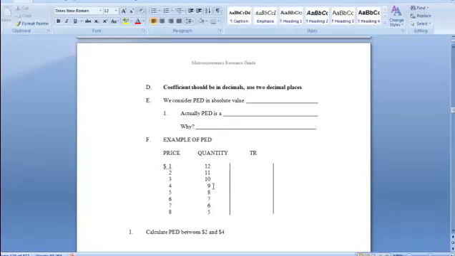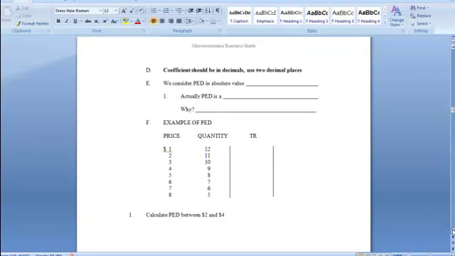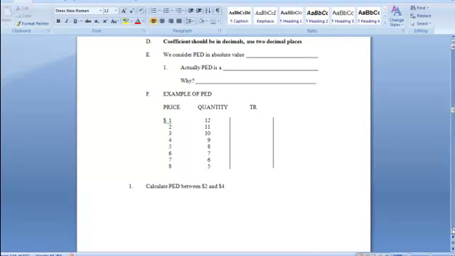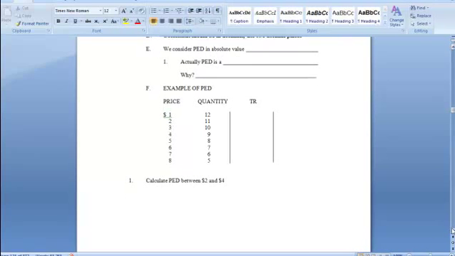They both rose. Okay, then let's talk about the relationship between $6 and $8. You did a calculation of price elasticity of demand between $6 and $8. You should have got an answer like 1.17.